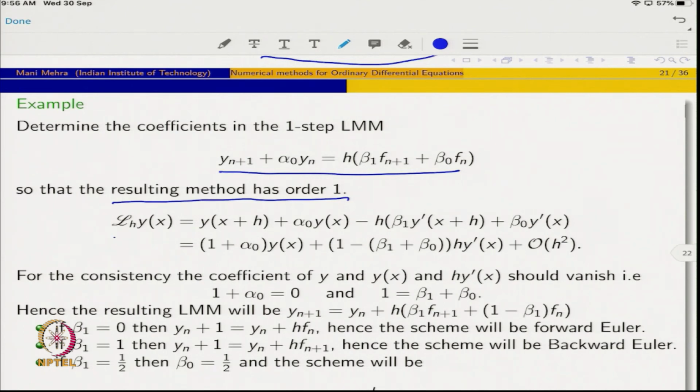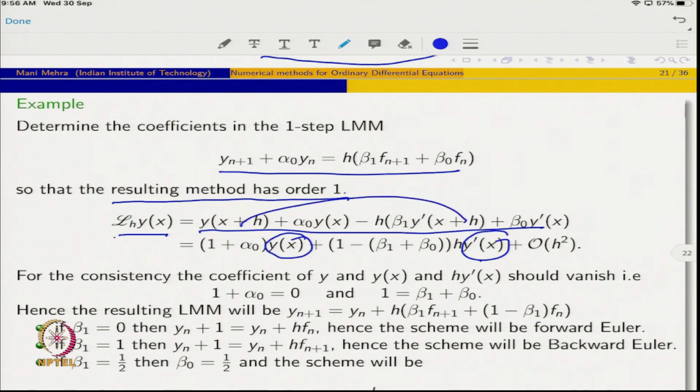So, we define the linear difference operator according to the definition which we have seen just now this way, and then we will collect the terms of y(x), we will collect the terms of y dash x after expanding Taylor series for this and this.